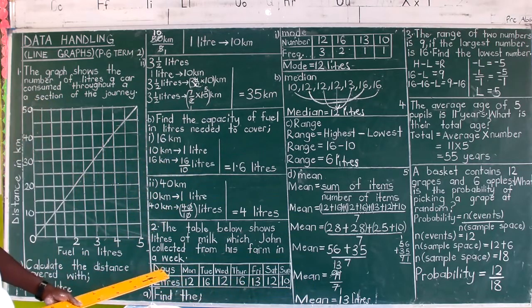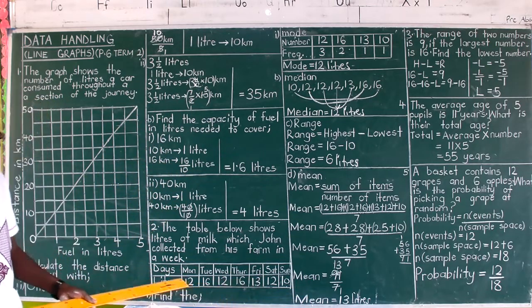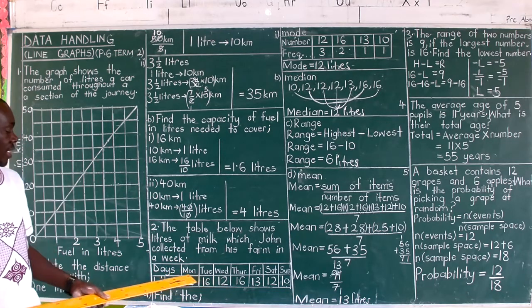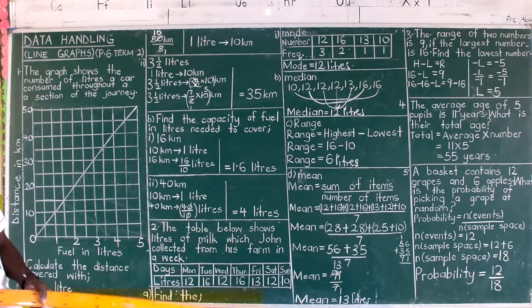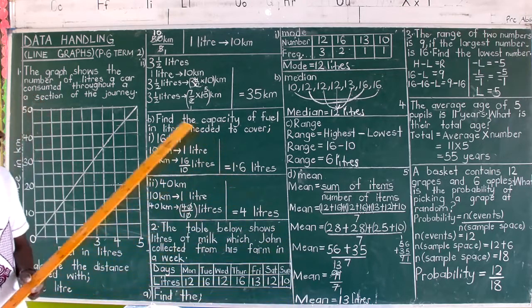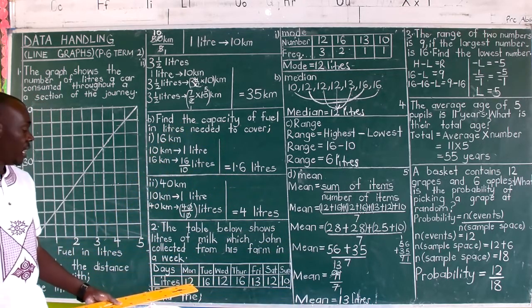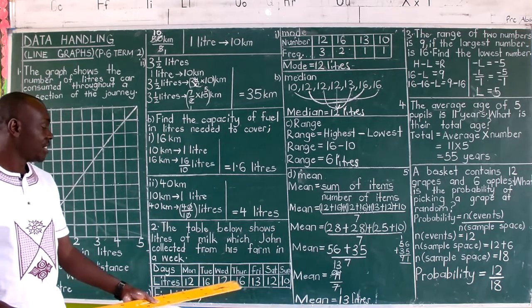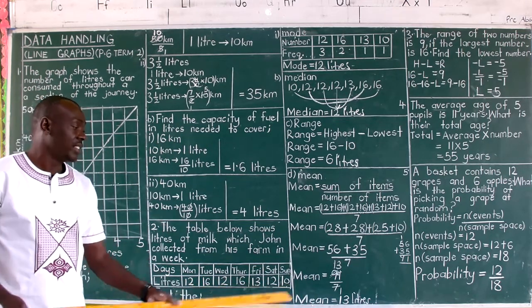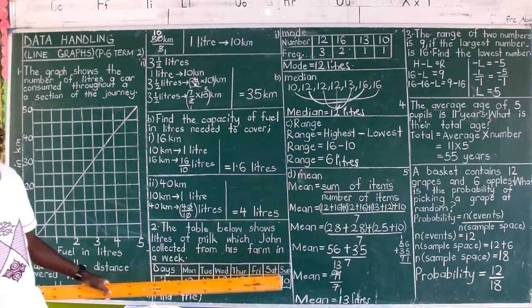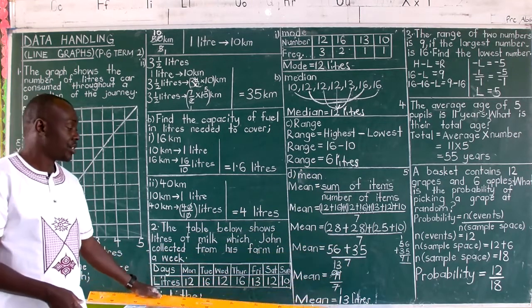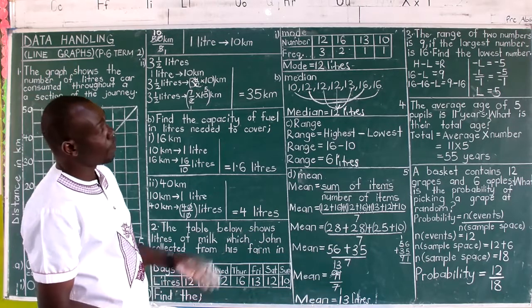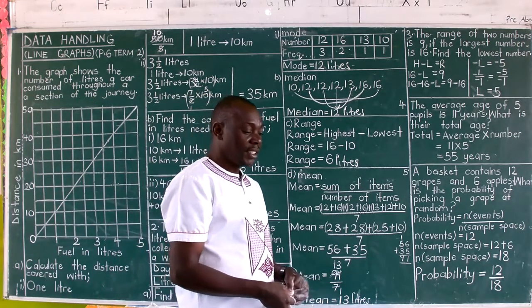Each day would be having 13 liters. But now there is deviation or variation in collection because mean was not used. So every day would be having 13, 13, 13, 13, 13, 13, 13. So mean assumes equal share, although the data may differ from that equal share. So that is how to find the mean.